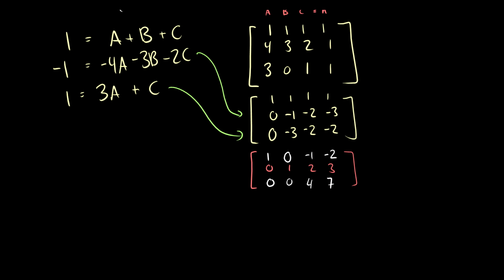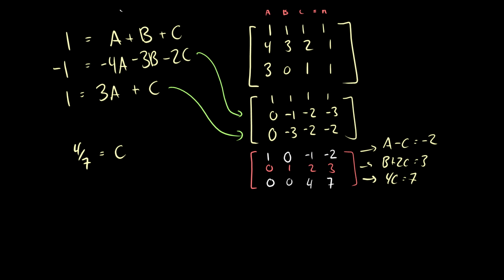Okay, so what we're left with here, sorry if that was a little bit confusing, we're left with 4 over 7 is equal to c, because this last row is saying that 4c is equal to 7. This second row is saying that b plus 2c is equal to 3, and this first row is saying that a minus c is equal to negative 2.